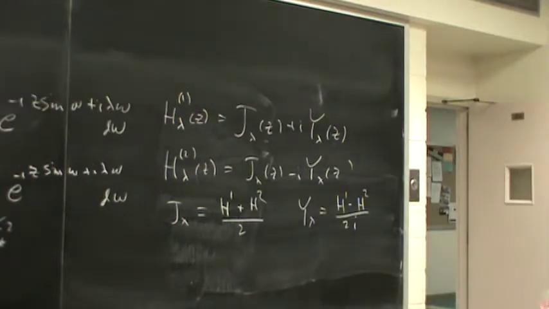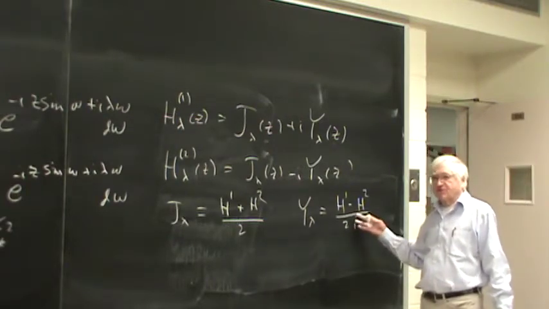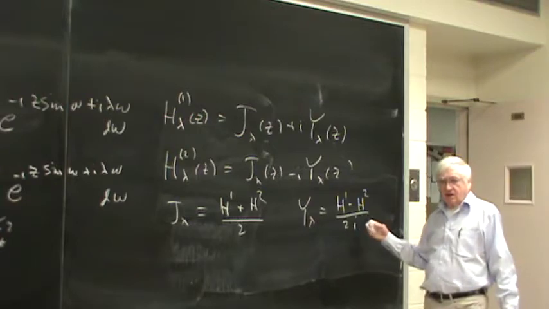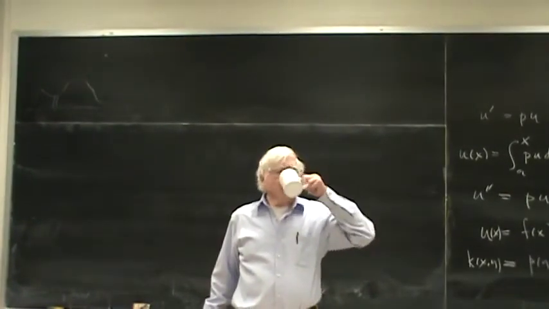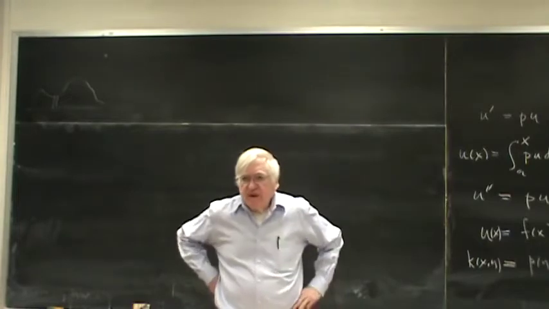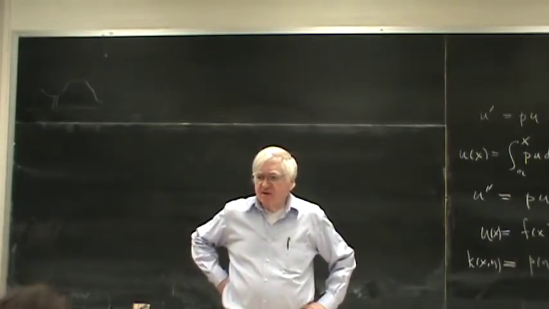So that defines the two kinds of Bessel functions. And the y's turn out to be irregular for small z. Okay, I guess that's more or less everything. So are there any questions now?